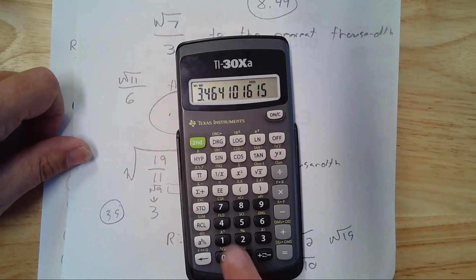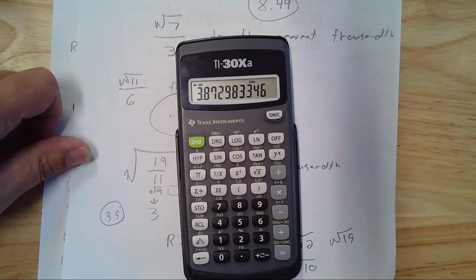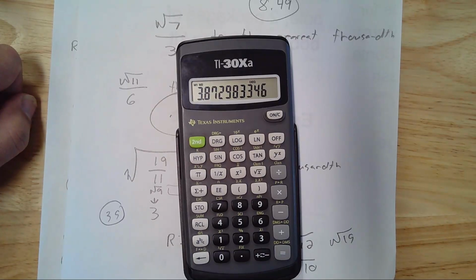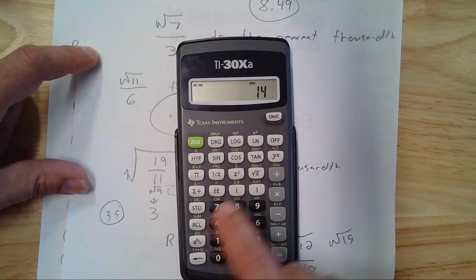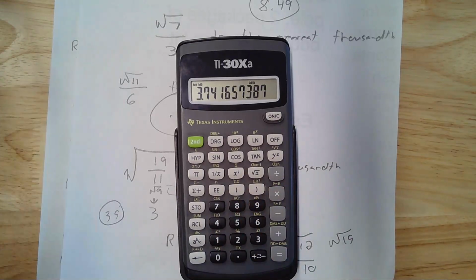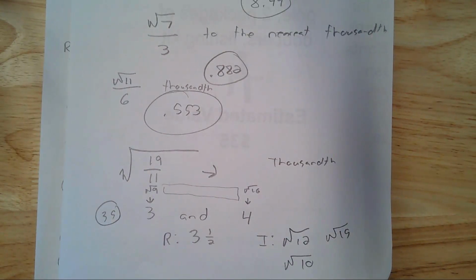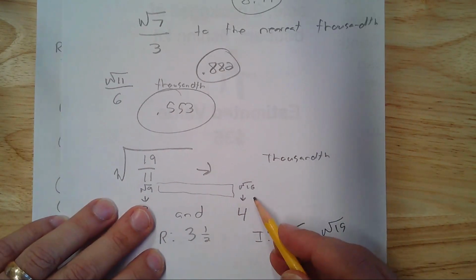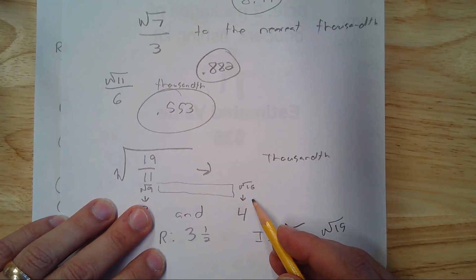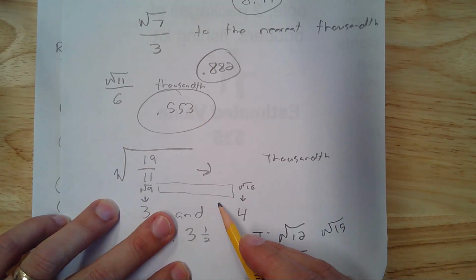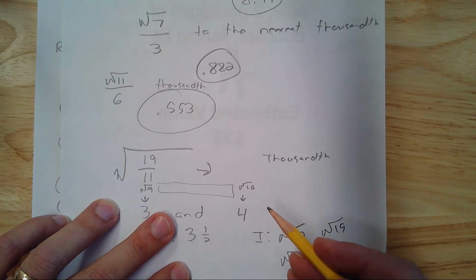That's root 12. 15, well, that's between 3 and 4, right? That's root 15, 14. So when you're finding the irrational number, the strategy is think of the perfect squares, and then pick a square root between them for your irrational number part.